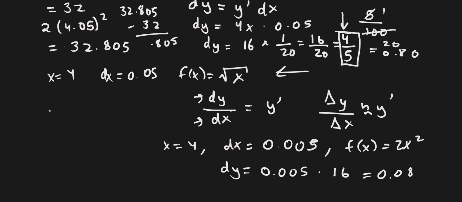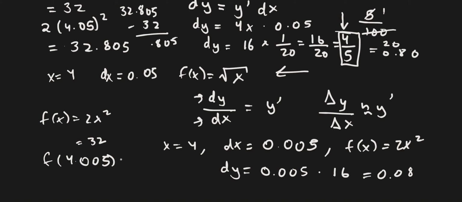This should be closer to the actual number, right? Because dx is smaller. So let's see what happens. If we look at f of x equals 2x squared, and we have evaluated that up there, it's just equal to 32. Now x is 4.005.